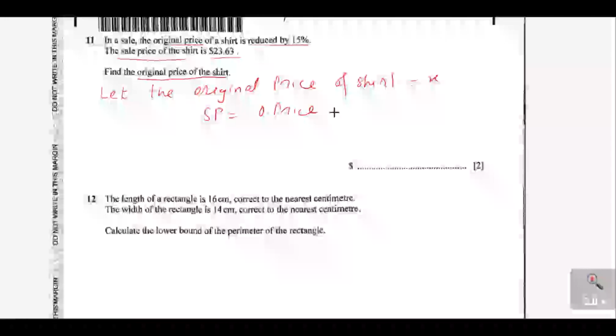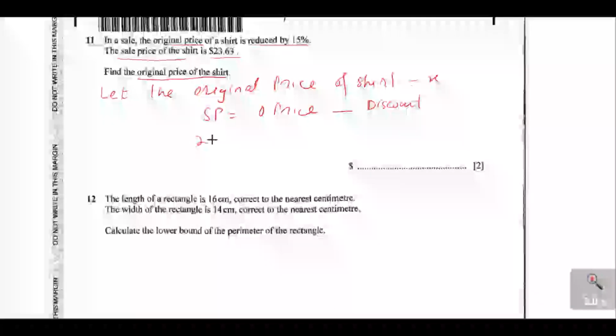Question 11. In a sale, the original price of a shirt is reduced by 15%. The sale price is 23.63. Find the original price of the shirt. To calculate the original price, we suppose the original price of the shirt equals X. The sale price is equal to the original price minus the discount.